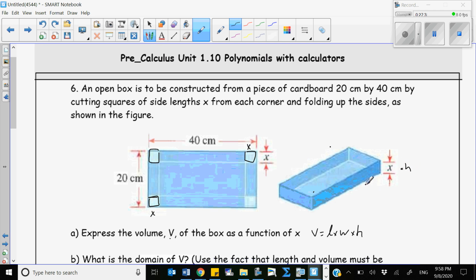What is the length? The length is made out of this side, 40, which I'm cutting one x from this side and another x from the other side. So whatever I have here in between them, it's 40 minus 2x. That's my length. And then the width is going to be 20 minus 1x from here, another x from here, so the width is going to be 20 minus 2x.